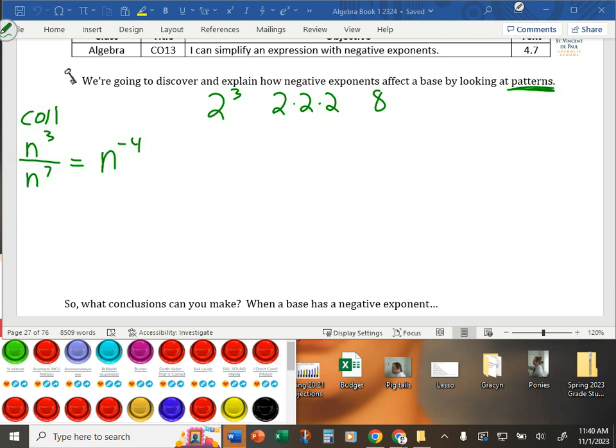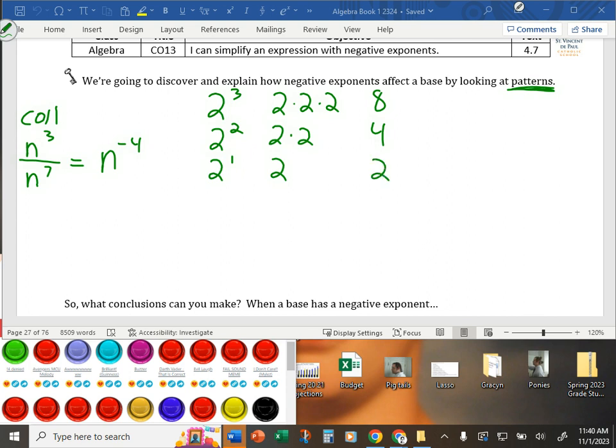Now, if I decrease our exponent by 1, the next term I write is 2 squared, in expanded form it's 2 times 2. And the value is 4. I decrease my exponent again to 2 to the first, which means I only have one 2. And obviously the value of that is just 2.